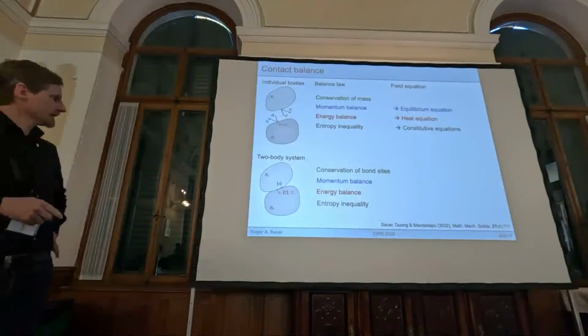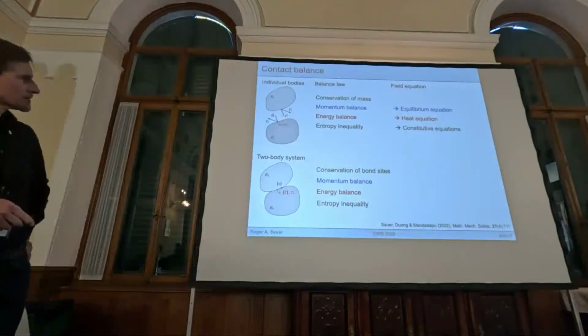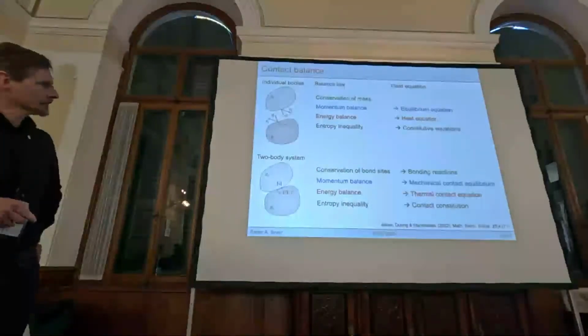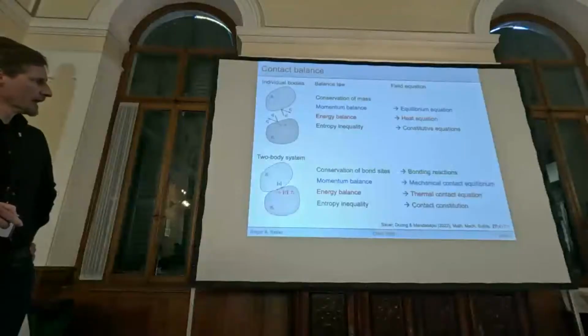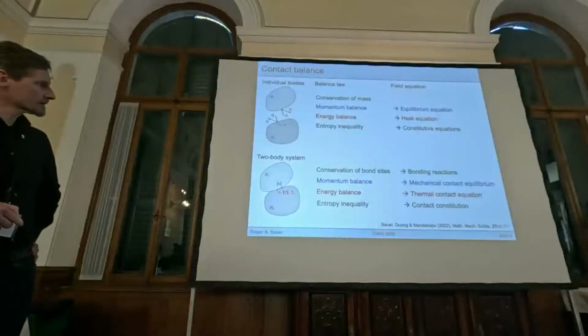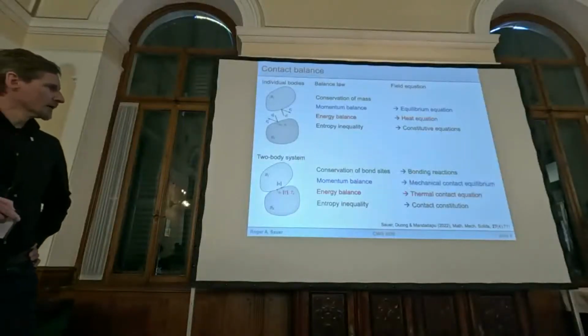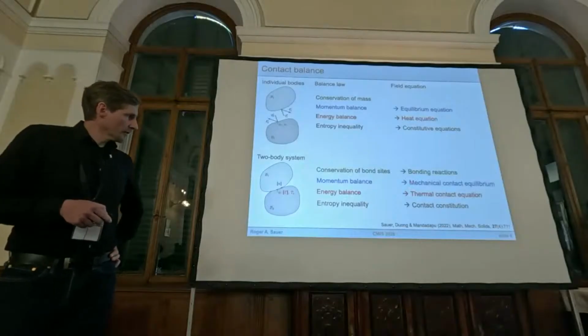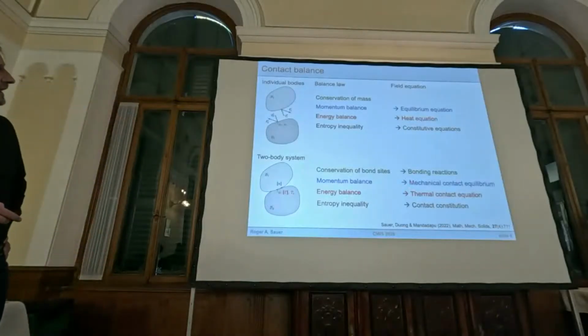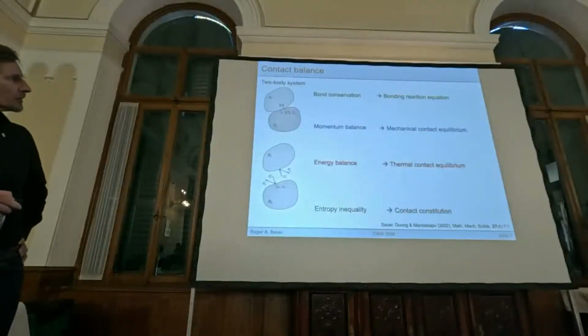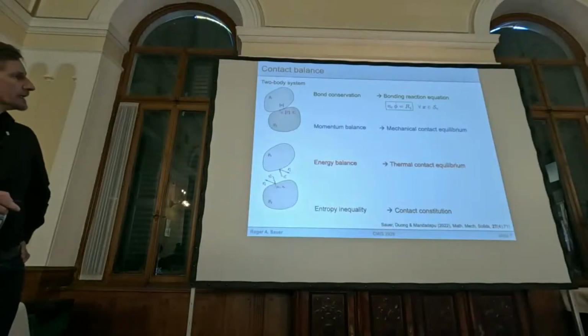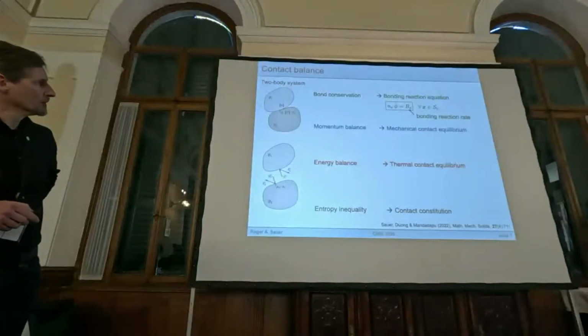So bonding is happening at a site that is supposed to be conserved, and then one can derive a reaction equation from that, and from these other balance laws, one obtains further field equations, which I will show on the next slide. The bonding reaction equation would be a first order ODE, where this is the bonding reaction rate that can be chosen. We will see that in a moment.